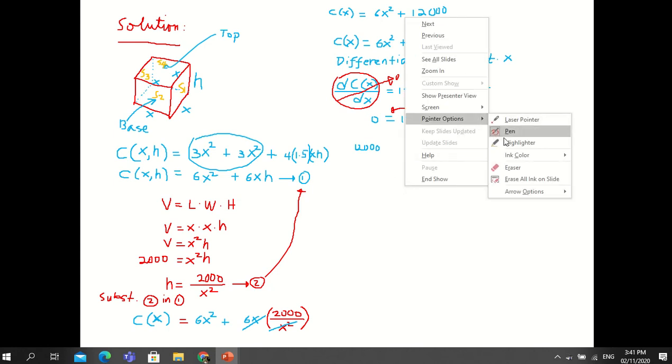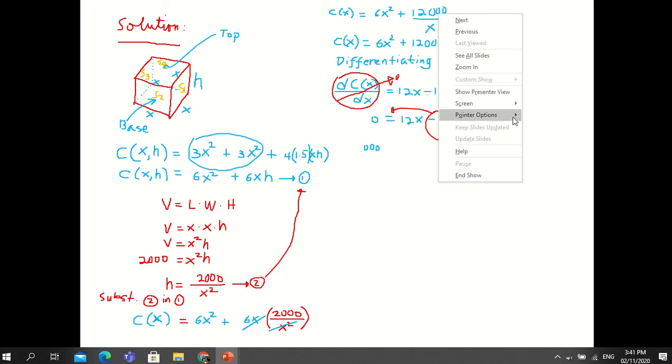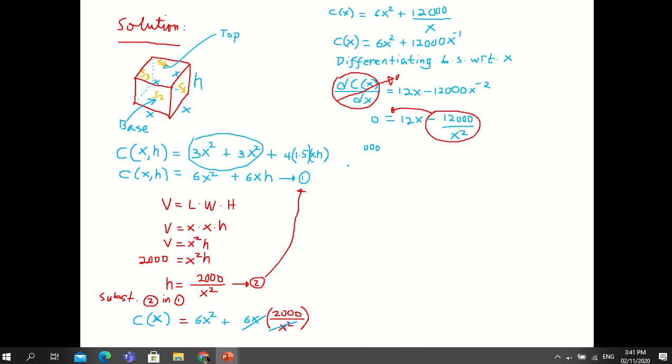Okay, let me change this. So 12,000 divided by x squared equal to 12x. Okay, so equal to 12x.